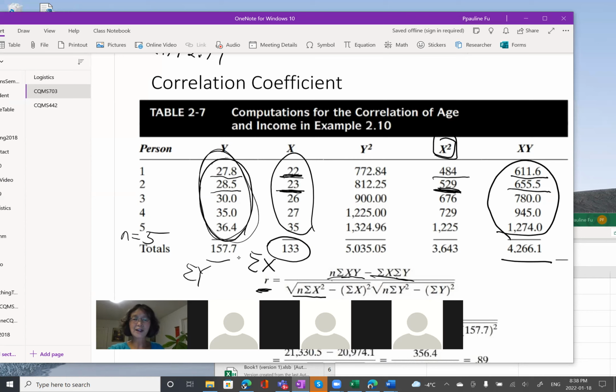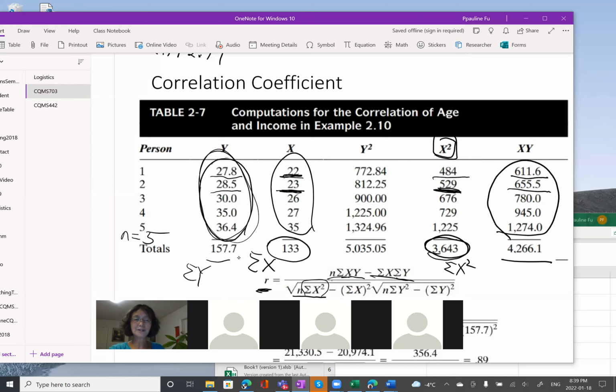So you know what x squared is. Sigma x squared means add all x squared together. This number is sigma x squared. Okay, so the next item is sigma x, then squared. We already know what sigma x is. Sigma x is 133.